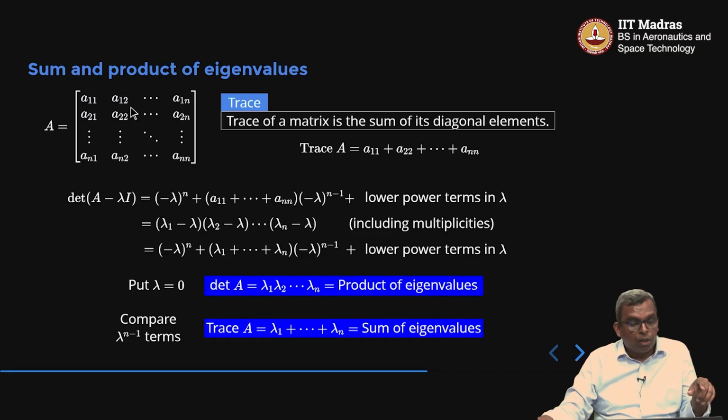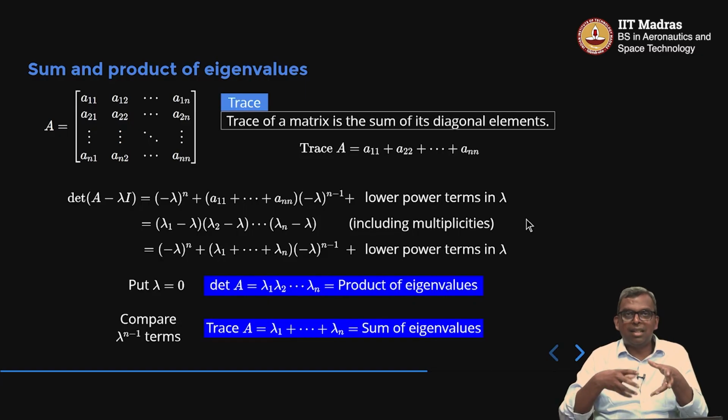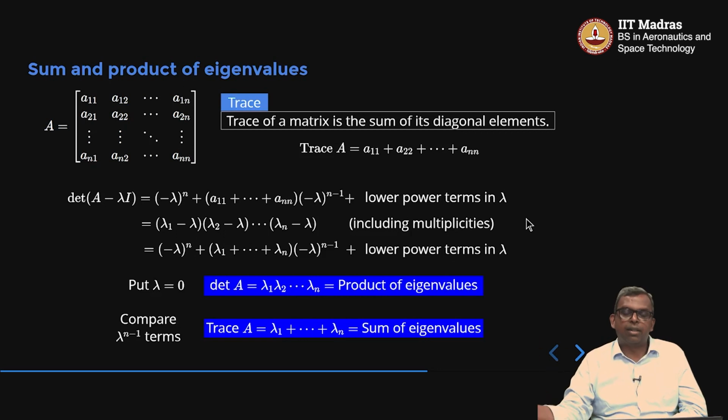Quite often you can use these properties to even find eigenvalues, right. So, you may find 2 eigenvalues and you may want the third eigenvalue, but then trace is easy to calculate. So, you know trace is equal to the sum, so you find the other one. Okay. So, these relationships are crucial quite often in some shortcuts for finding eigenvalues and properties of matrices.